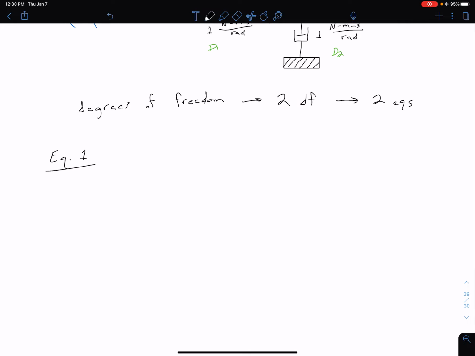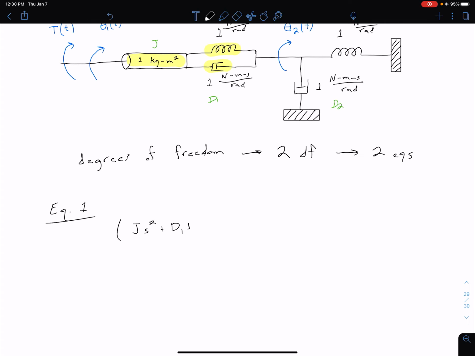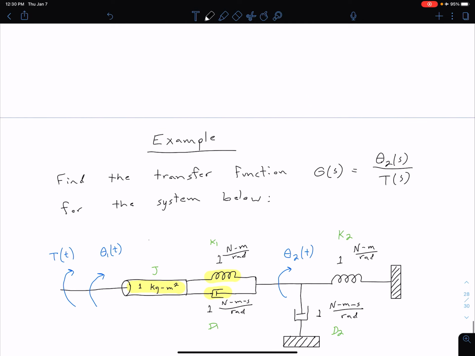So for that first equation, the impedance of that inertia is Js squared, plus D1 times s, so I'm just summing all of the impedances for those 3 components, plus K1. That's the sum of the impedances. Now we multiply by theta 1 of s. Okay, so that's our first term.